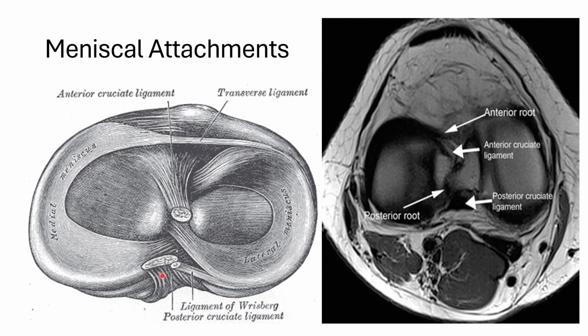So we can see here this is the posterior cruciate ligament, or PCL, and the posterior root attachment of the lateral meniscus. And in between, the posterior root of the medial meniscus attaches on the tibial plateau. So this is the site of the posterior cruciate ligament, and this is the posterior root attachment of the medial meniscus.